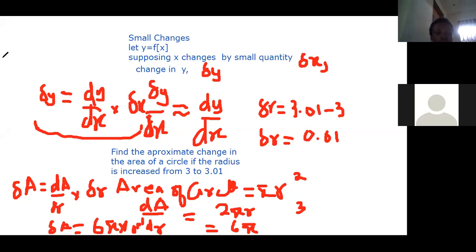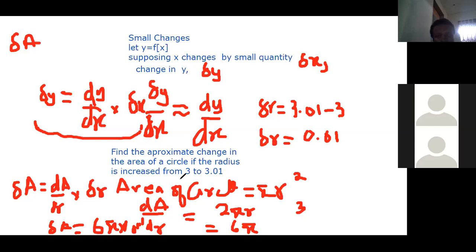Using the calculators, we are going to get 1.88 times 10 raised to the power of negative 1.